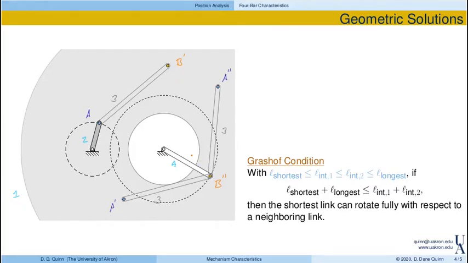So you can maybe see how this geometric solution works. If link 2 is known, then the end of link 3 has to be a fixed distance away from A, right? So that's going to essentially trace out an arc, if I were to look at all different paths that B prime could occupy.